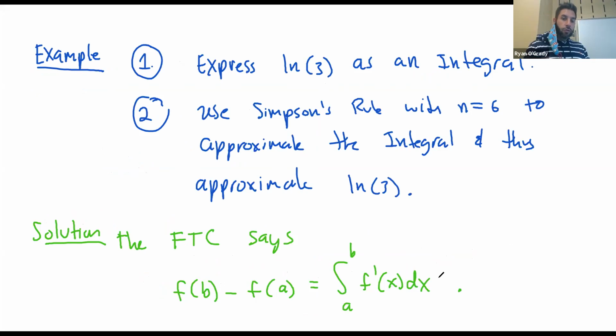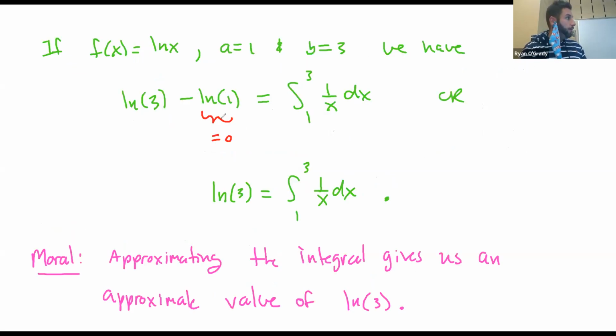So I have to choose my function, and I have to choose my bounds A and B where they're useful. If I just randomly choose numbers, it does me no good. And I can't choose 0 here because the log of 0 is undefined. But why would I choose 1? I choose 1 because I know the log of 1 is 0. And the key to me choosing A equals 1 is so that this piece goes away. And then if it goes away, there's less things for me to worry about.